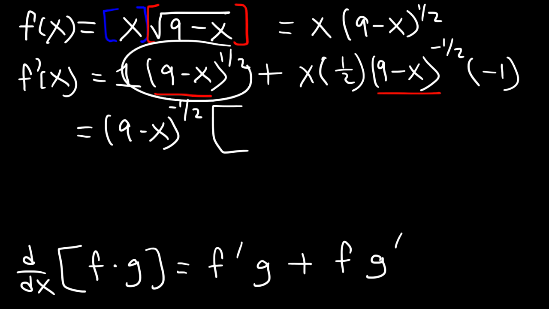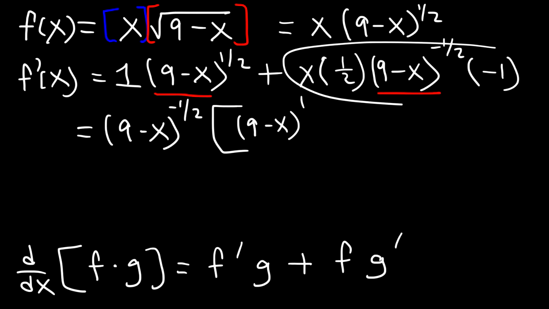Now, 1/2 minus -1/2, if you divide those two terms, that's going to be 1/2 plus 1/2, so the first one's going to be 9 minus x raised to the 1, or simply just 9 minus x. And then, if we divide this term by this one, these two will cancel, leaving behind -1/2 x.